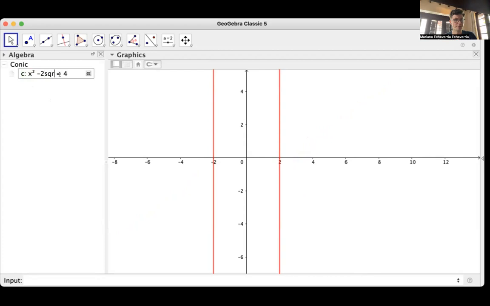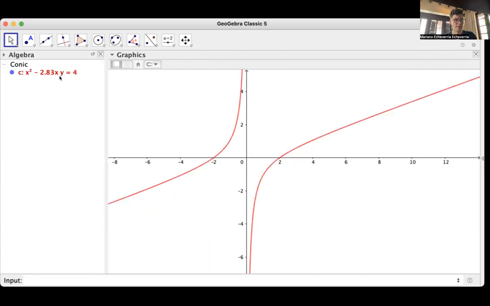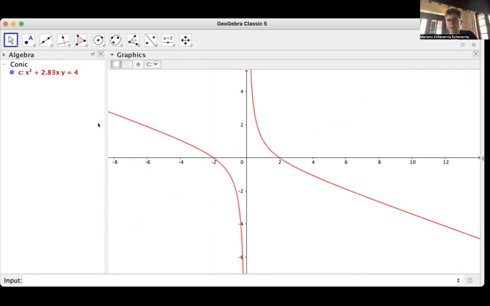So let's put 2 square root of 2 times xy. If I introduce something that depends on x and y, I change from two lines to a hyperbola. So what we will try to figure out right now is how can you tell?